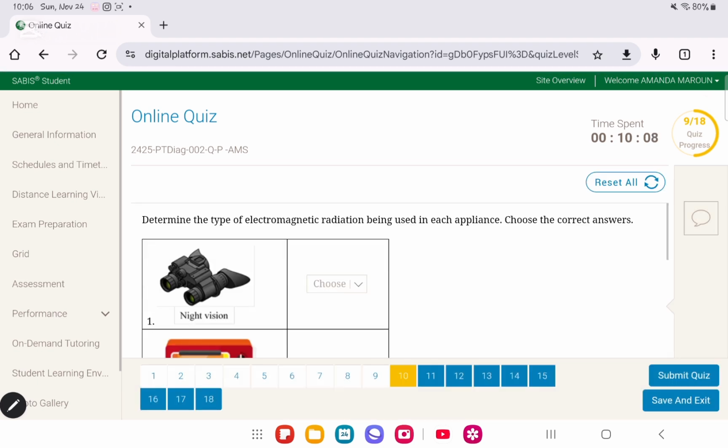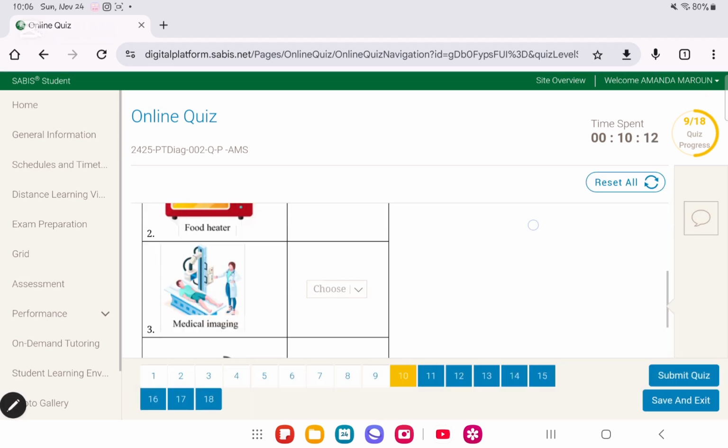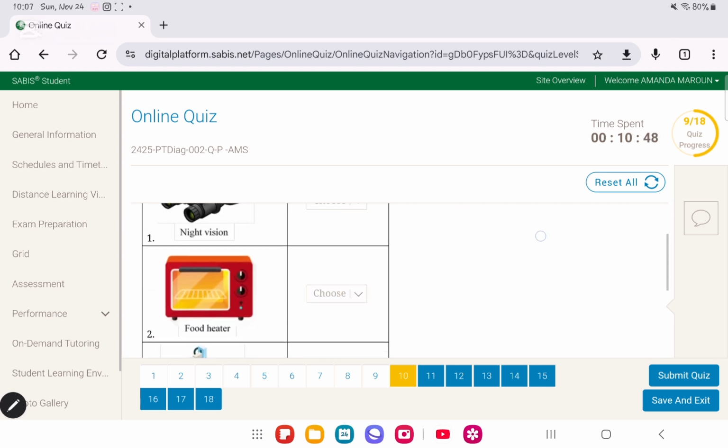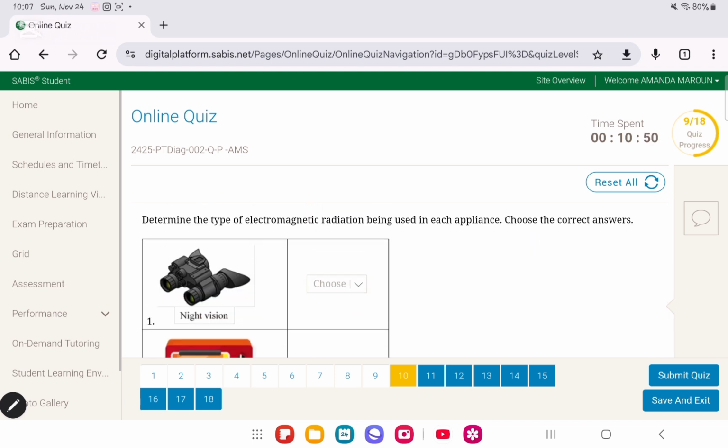Question number 10. Determine the type of electromagnetic radiation being used in each appliance. So very simply, if we are talking about night vision, that means we are talking about infrared radiation. Always remember, infrared radiation gives you night vision. Why exactly?